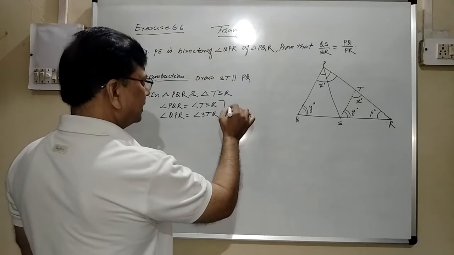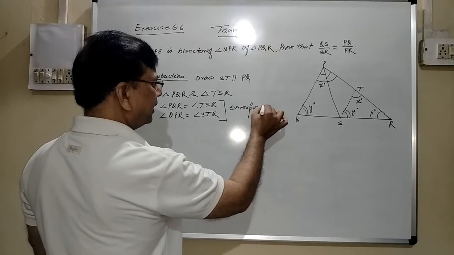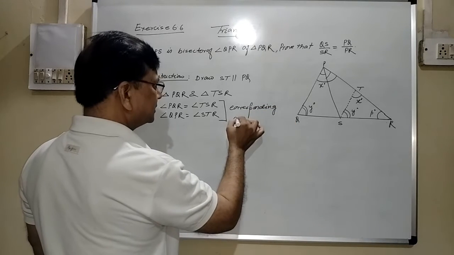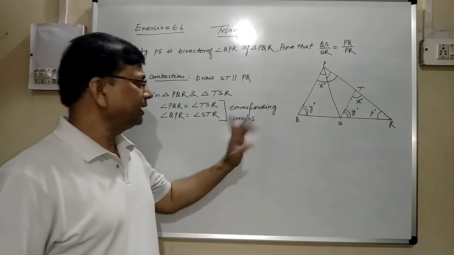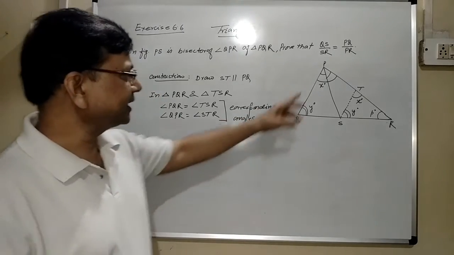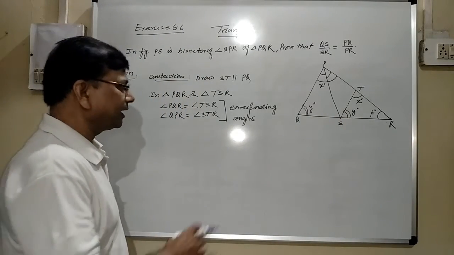Corresponding angles. So these angles are equal due to correspondence. These are the corresponding angles. That is why these two angles are equal.